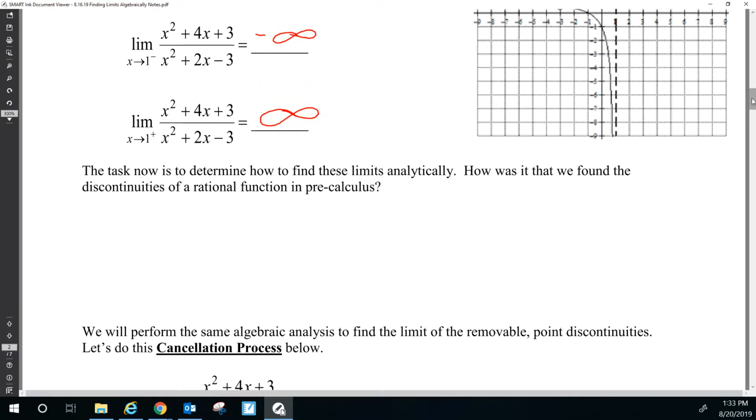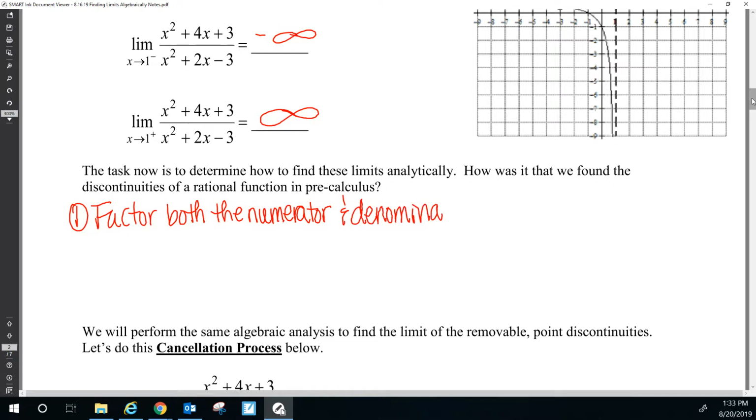Step 1 is factor both the numerator and the denominator. And we're doing that to see if we can find a factor that will cancel. If a factor cancels, then we have a hole.